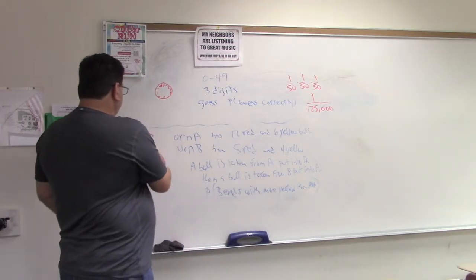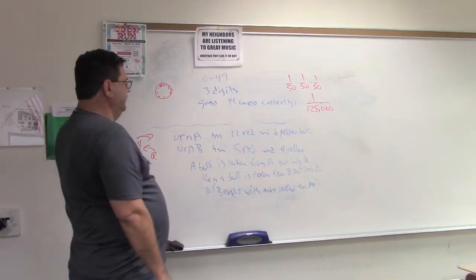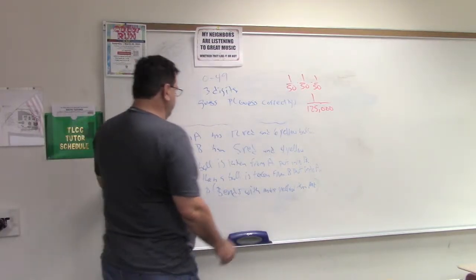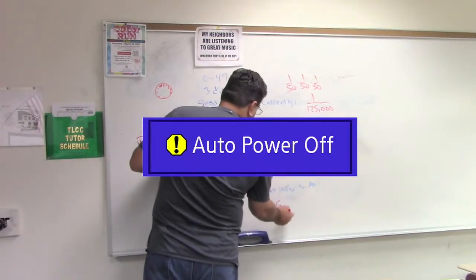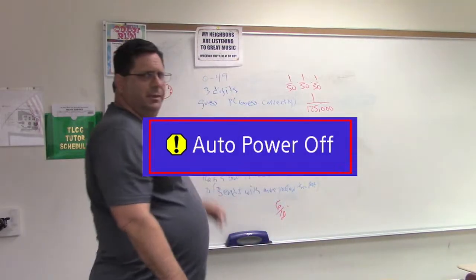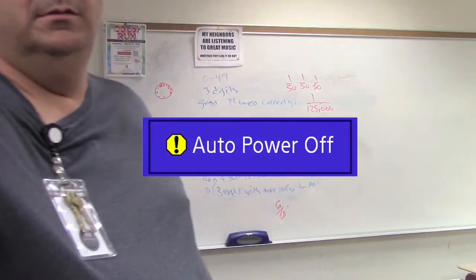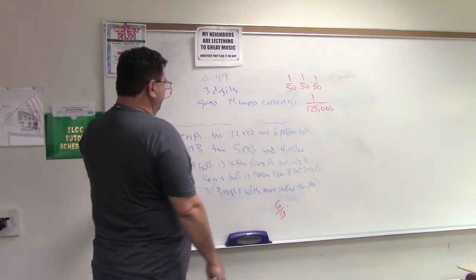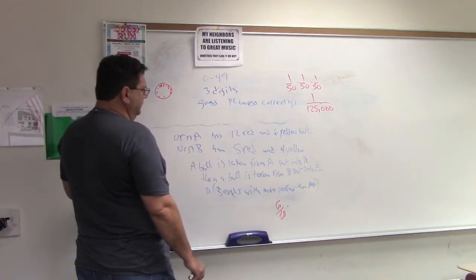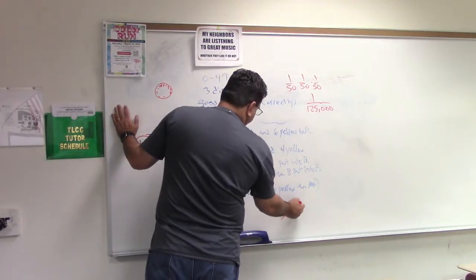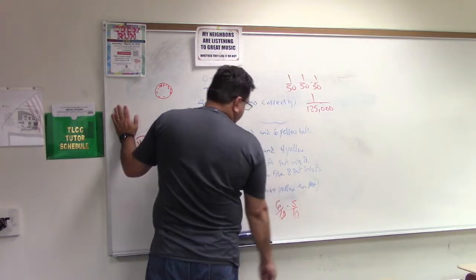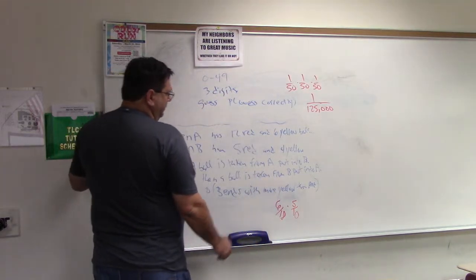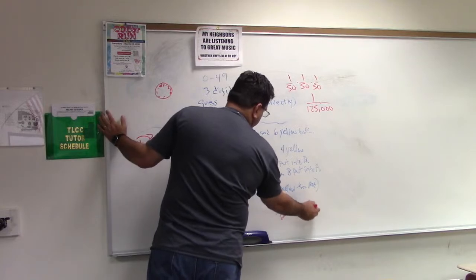Now you got to take one of the reds out. So the chance you get a yellow going in is 6 out of 18. Now we got to get a red one coming out, right? Mm-hmm. So that's 5 out of 10. So this is 1.